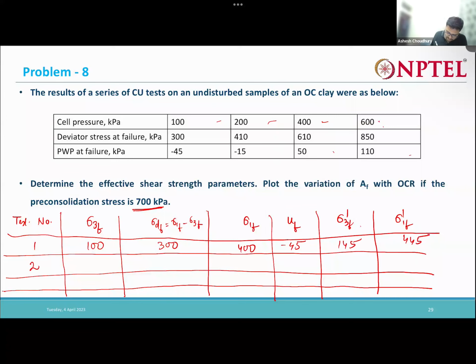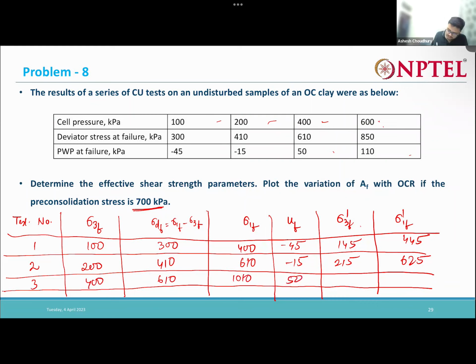Test 2 again we have 200, 410, 610 minus 15. So 200 plus 15, 215, and 625. Test 3, 400, then 610, then 1010, then 50.